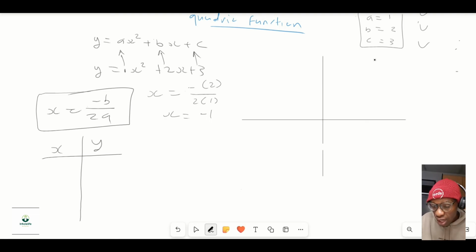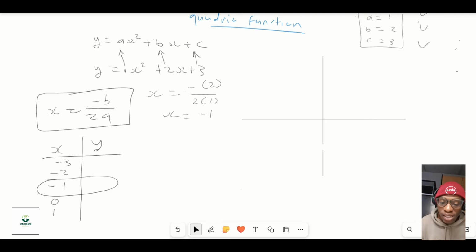I've already identified the coordinate of my turning point, so I can demarcate this. After negative 1 we have 0 and 1, and before negative 1 we have negative 2 and negative 3. These are your estimated x coordinates.